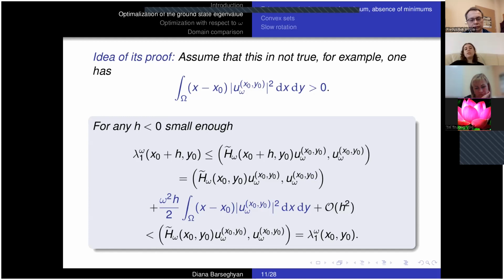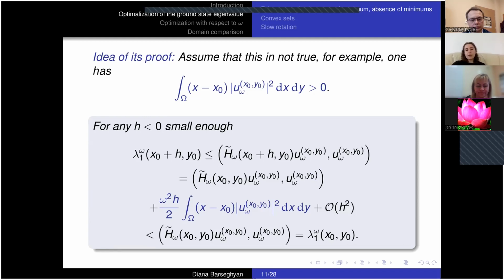Now, using the minimax principle, any ground state eigenvalue can be estimated via the infimum of the quadratic form of the operator. Therefore, the ground state eigenvalue corresponding to x0 plus h, y0 is no larger than the quadratic form applied at u omega x0 y0.